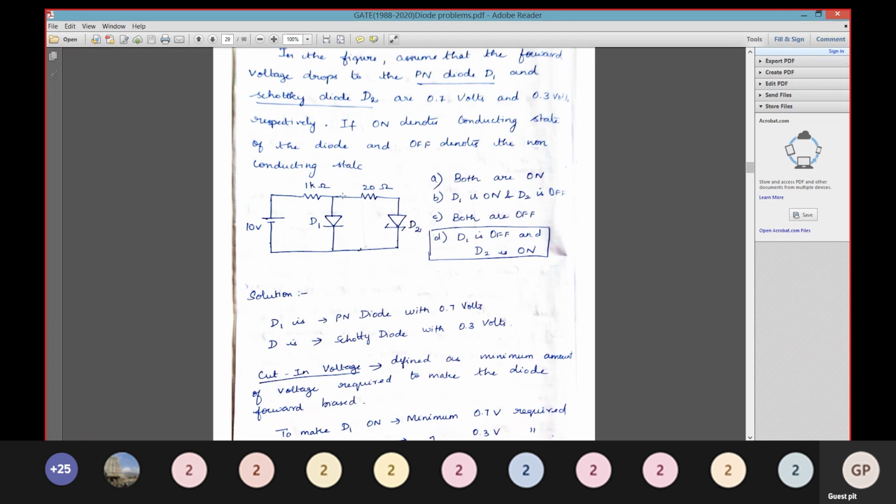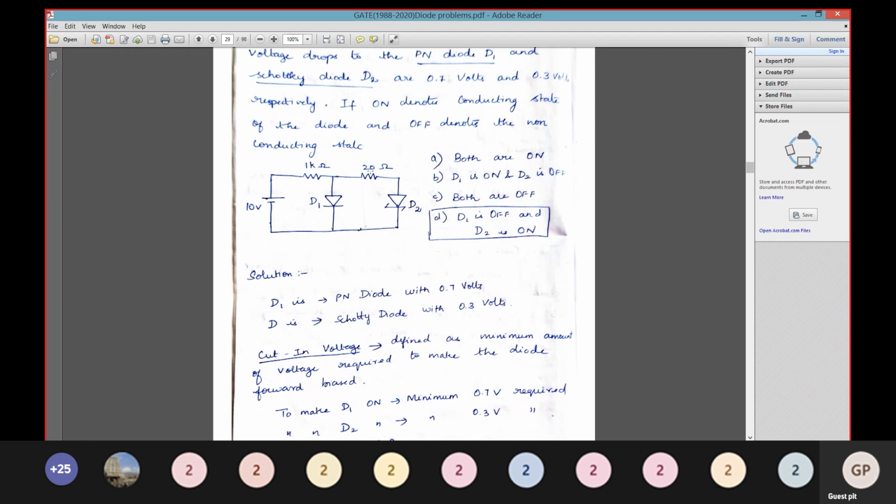They have given the voltages, D1 is 0.7 and D2 is 0.3, along with the input voltage and the resistances. What is the condition at the first instant of time? Which diode conducts? That is what the question asks: whether D1 is on or off, whether D2 is on or off, or whether both are on or both are off.